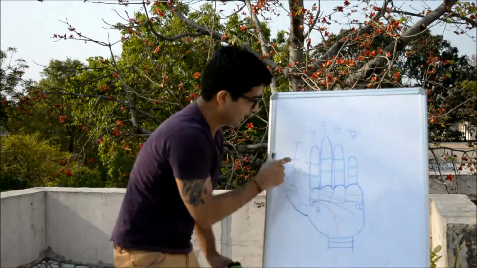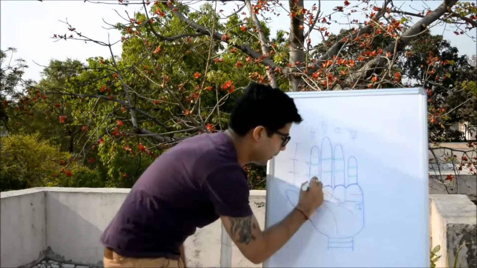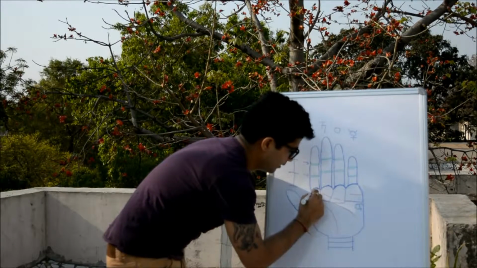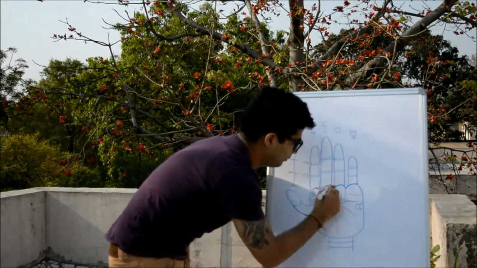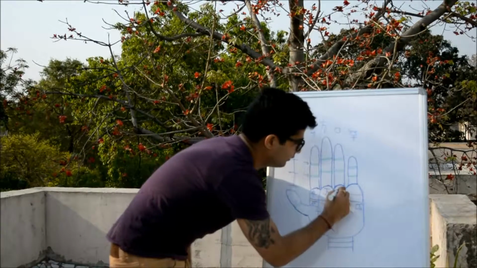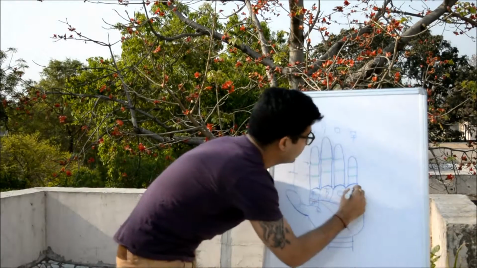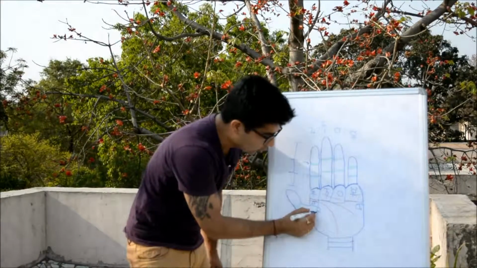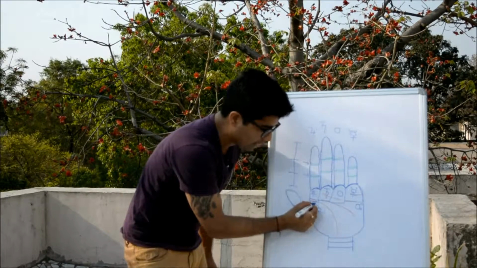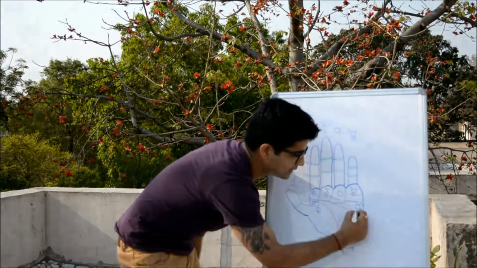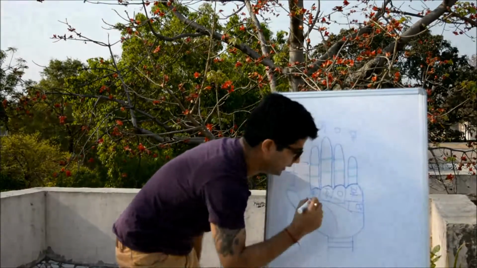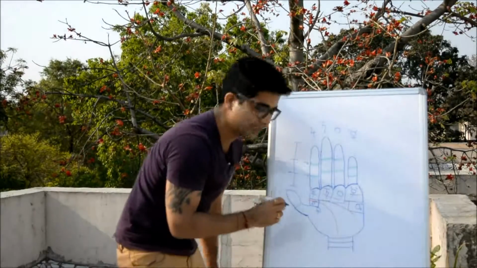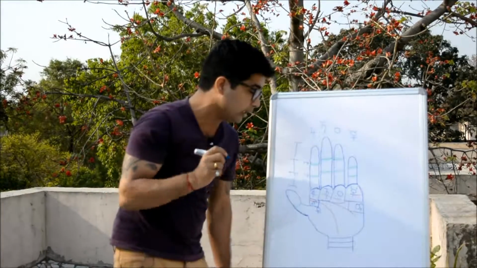So we have the mount of Jupiter, the mount of Saturn, the mount of Apollo, the mount of Mercury, and the lower Mars and the outer Mars. This is the area which is given to Mars negative.